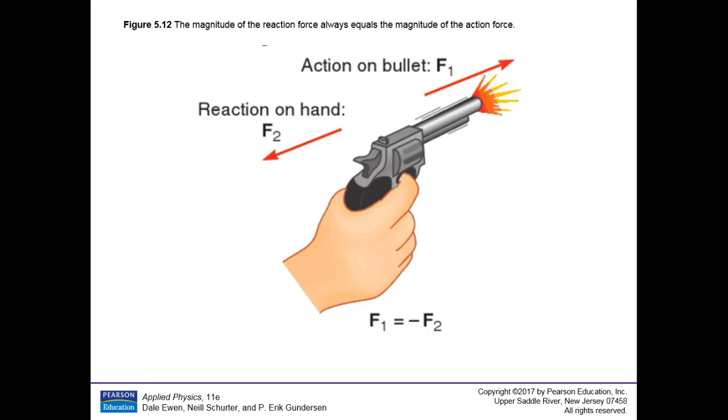Okay? Then we got jets. In a jet, the fuel burns and sends exhaust out a nozzle in the back. The force due to the gases pushing out the back is what sends the jet plane forward.